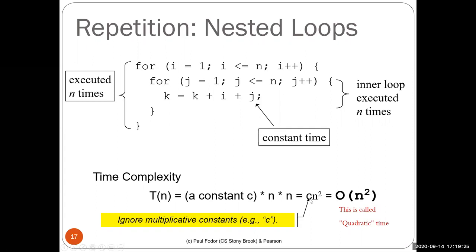But again, we can ignore the multiplicative constant because in growth rate, it's immediately dropped. So the time in big O notation that it takes to execute this block of code, these 2 nested loops, is O(n square). This is called quadratic time. And it's called quadratic because if you have an input of a given size and you double the size of the input, the time that it takes to iterate over the entire structure will be 4 times bigger. So it's a quadratic algorithm.